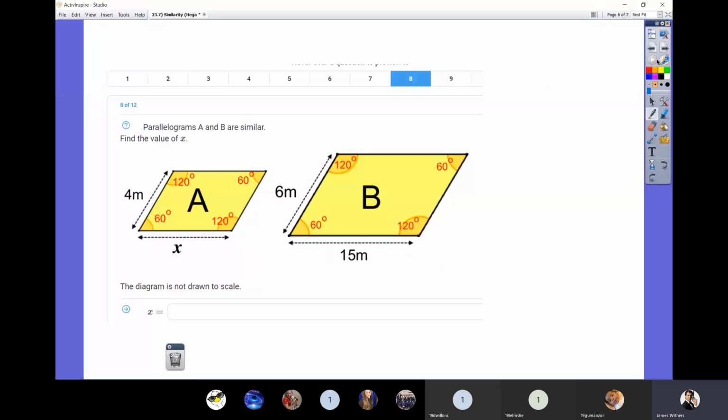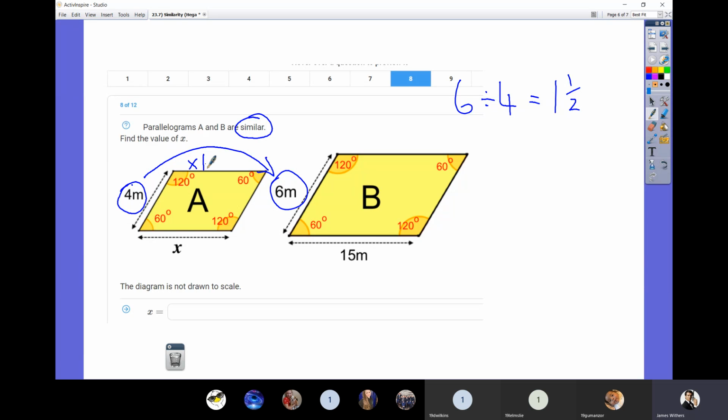Here's an example of question 8. Again, you can see that the side we have in common is the left-hand side. We're told again the shapes are similar. So we've got to say to ourselves, how many times bigger is shape B? You go and do 6 divided by 4, and that gives you 1.5. So basically, shape B is 1.5 times bigger.